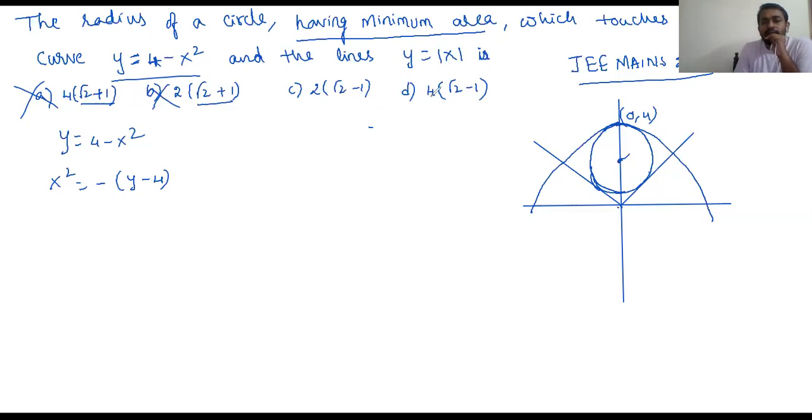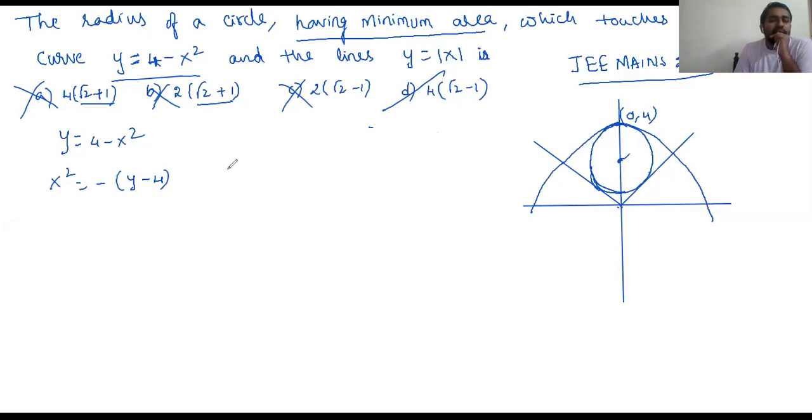Out of these, one should be the answer. So we are very sure my radius should be very close to 2, but not 2. This one will be 0.414 into 2, about 0.8, which is not even correct. So obviously this is the answer. We eliminated all three options just by looking at the options.